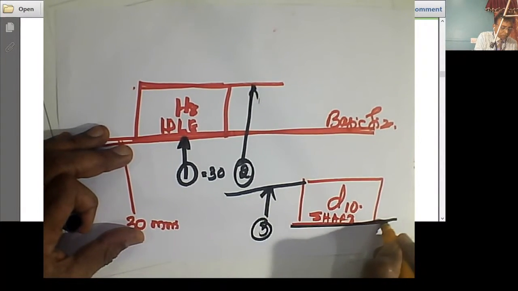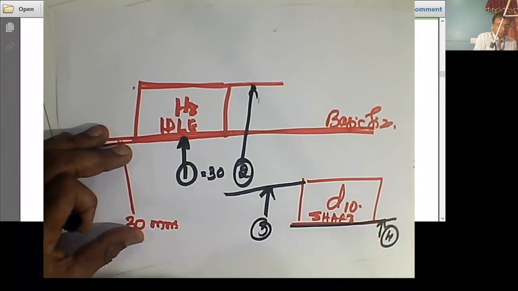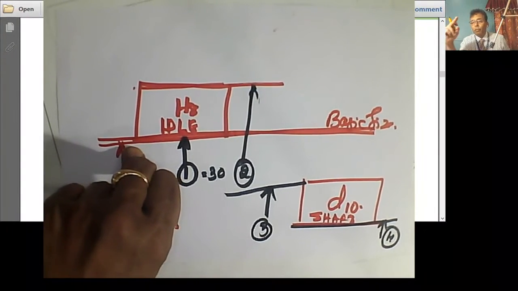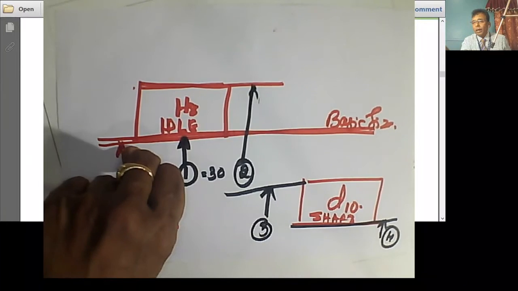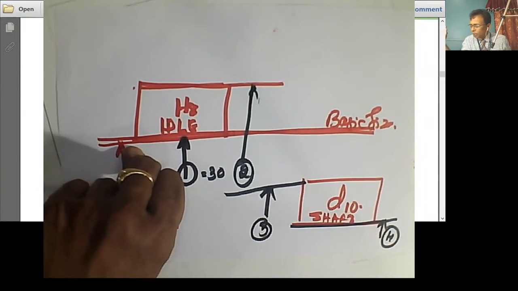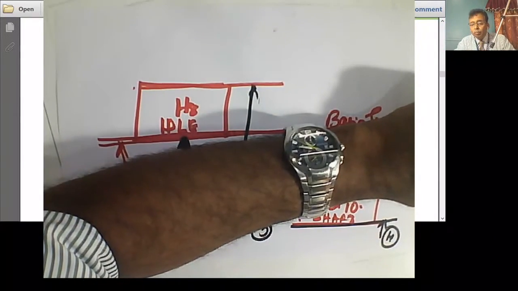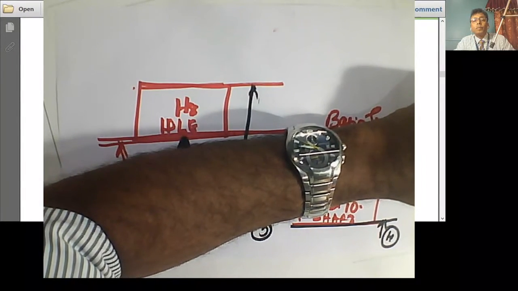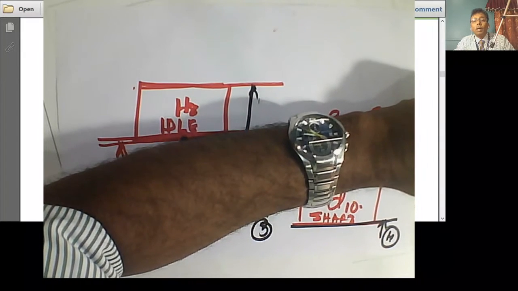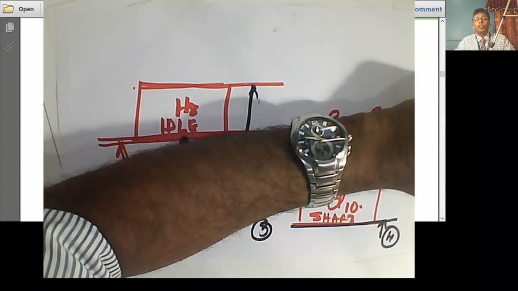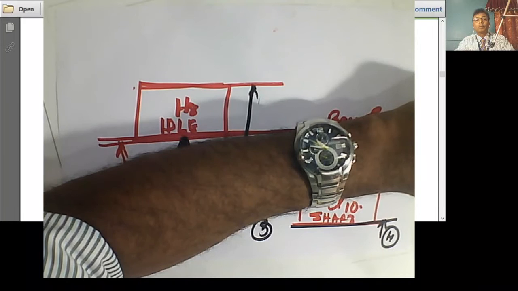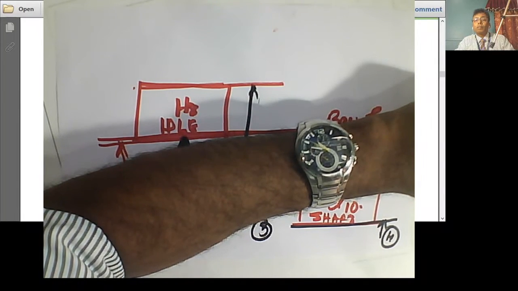Next, the minimum size of the shaft, number 4. 1, 2, 3, 4, if you find out these 4 values, your problem is over. That's all. And how many marks? It gives you 12 marks. Straight away pocketed, 12 marks.